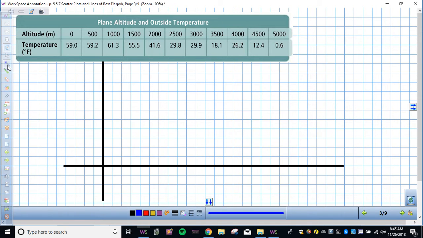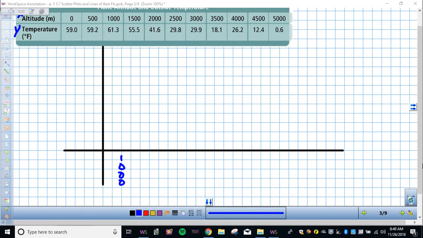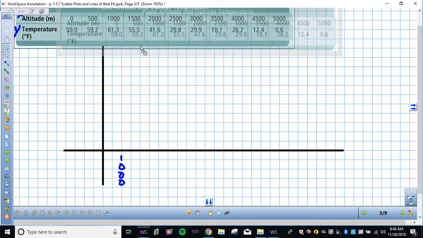So the X is always going to be the top, the Y is going to be the bottom. So it goes up to 5,000, so I'm going to skip a spot and, calm down. It's going to be okay. Or it's not going to be. It'll be very sad for you.